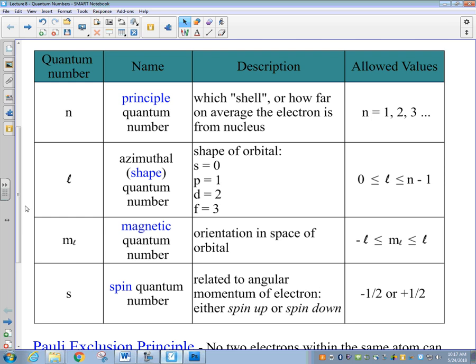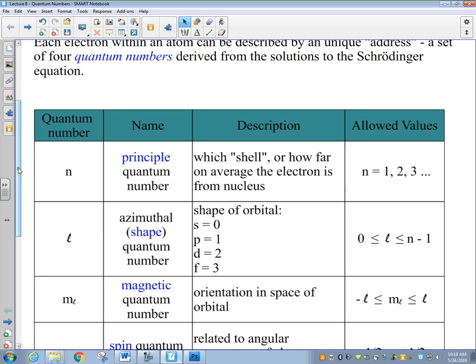The first quantum number we get, the first variable from that Schrodinger wave function equation, is what we refer to as the principal quantum number, that has the symbol n. That principal quantum number is an indication of, on average, how far from the nucleus that electron actually exists.